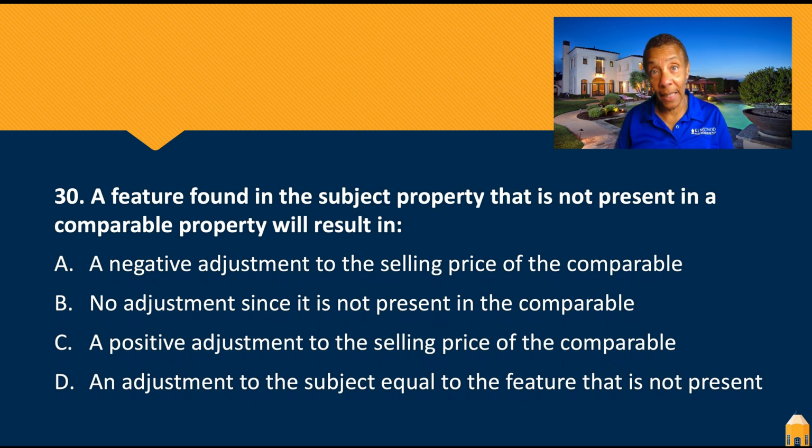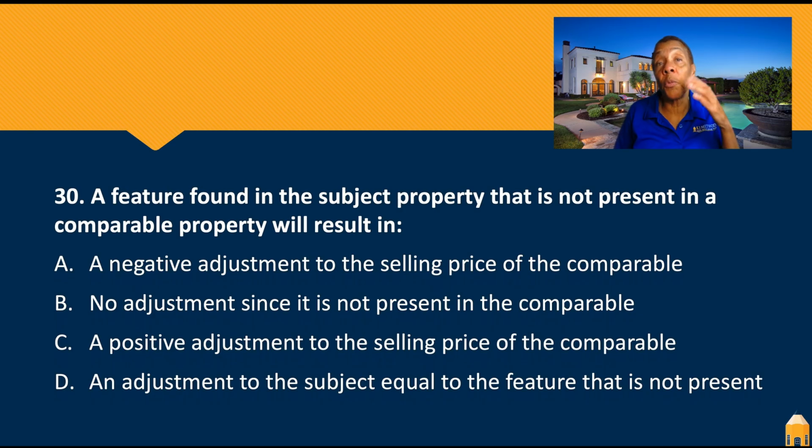Well, again, do we adjust the subject? We never, ever touch the subject. And so it's either going to be a negative adjustment or a positive adjustment. We just went over one of these in the last section, right? So the subject has it. And this is how you could take the test. You could say the subject has 4 bedrooms. The comparable has 3. You could do that because the test question is saying subject has it, comparable doesn't.